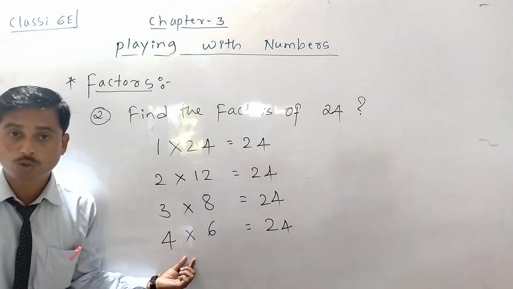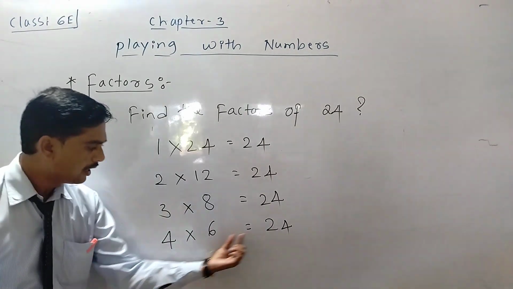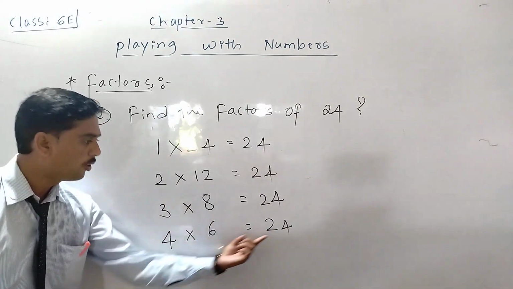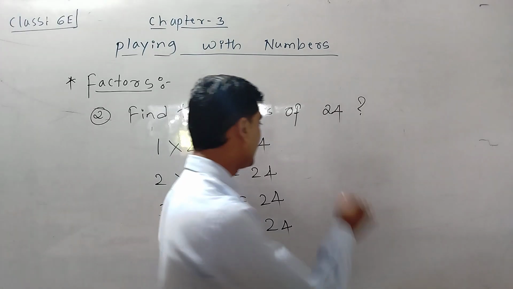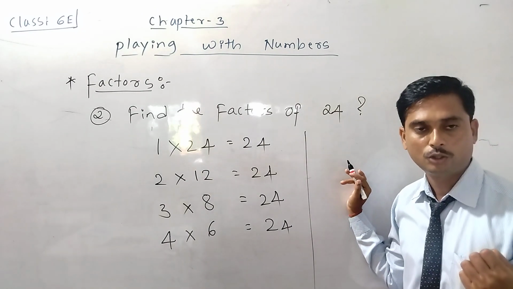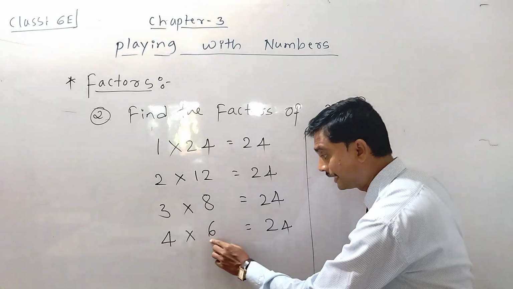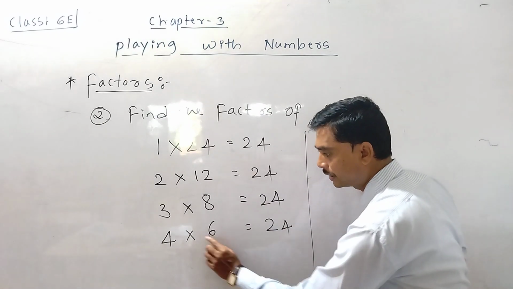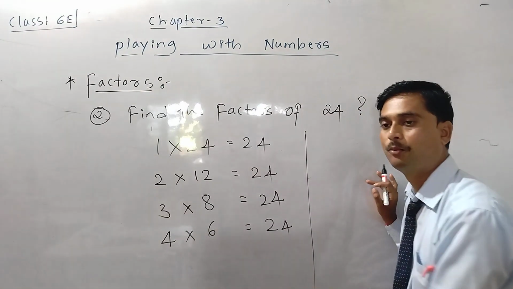Again we got 2 factors: 4's table has 24 and 6's table also has 24. 6 fours are 24, 4 sixes are also 24.